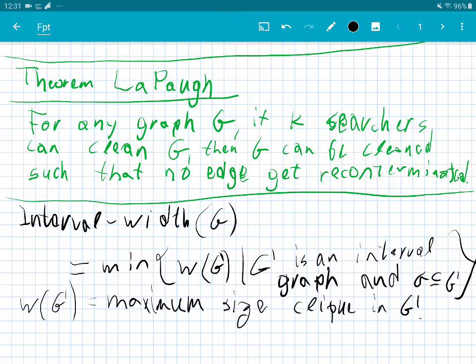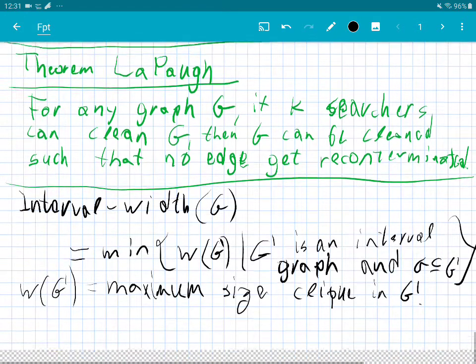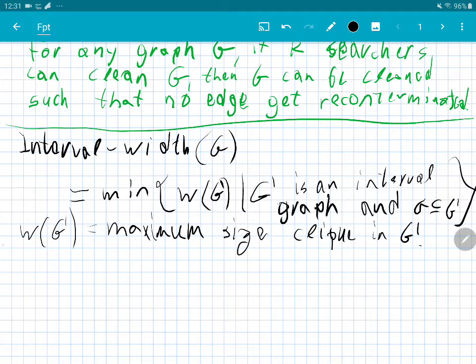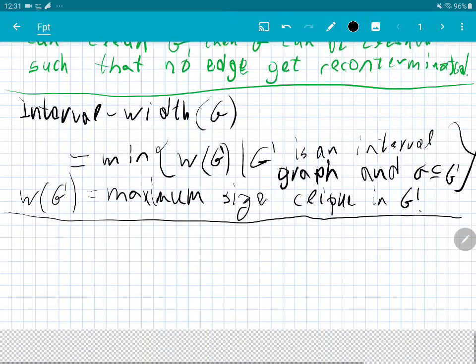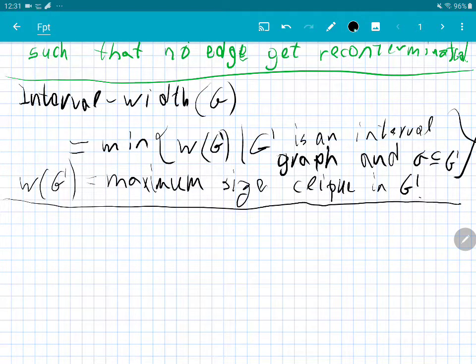So, to begin with, what is an interval graph? To remind you, an interval graph is just, you have the real line, and you take intervals.